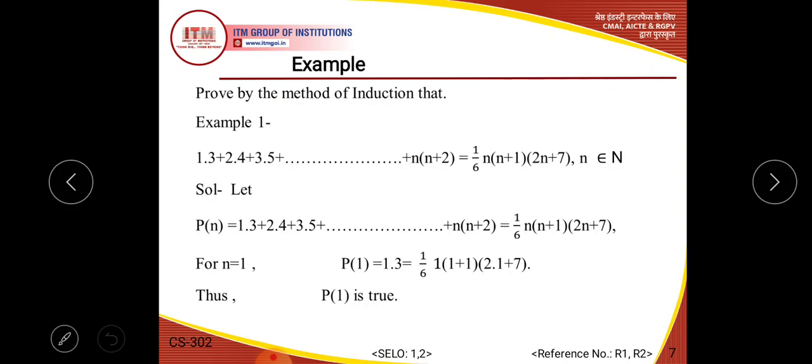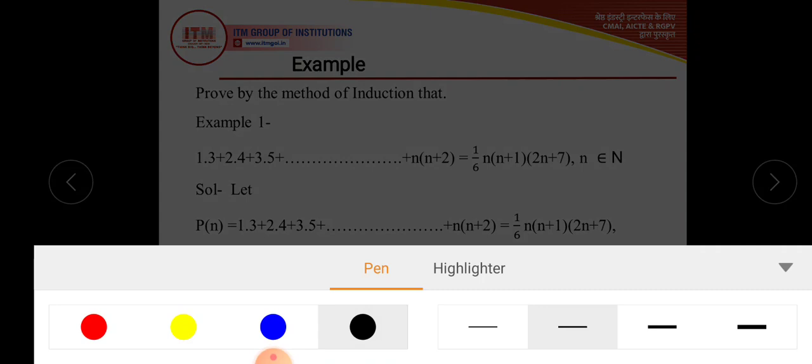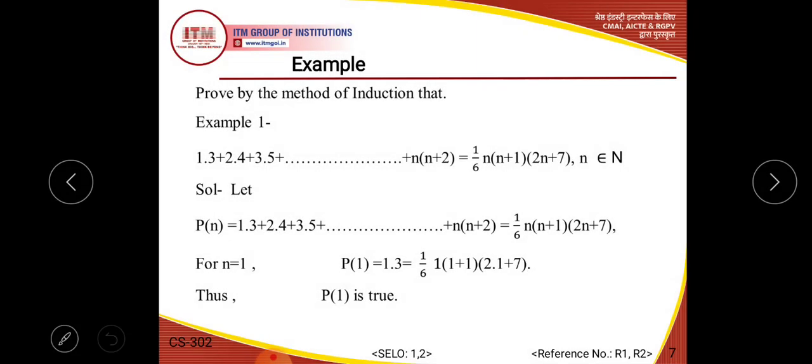In example first, a series is given: 1.3 plus 2.4 plus 3.5 and so on up to n times (n plus 2) is equal to 1 upon 6 n into (n plus 1) into (2n plus 7), for all n belonging to N. So you have to prove this example with the help of mathematical induction.